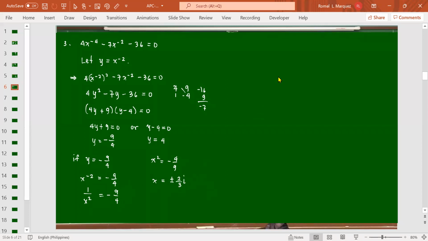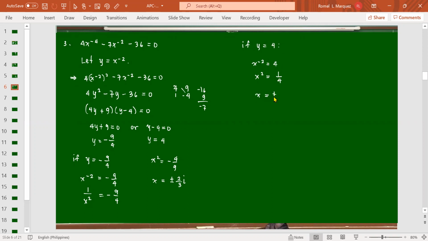Okay, what about if y is equal to 4? Then we have x to the -2 is equal to 4, or x squared is equal to 1/4. The reciprocal of x to the -2 is x squared, and the reciprocal of 4 is 1/4.